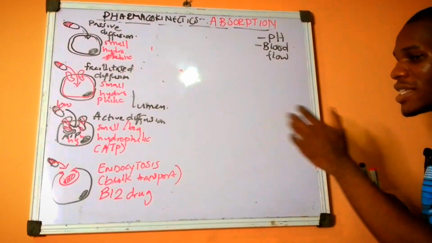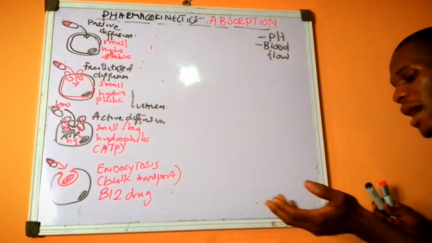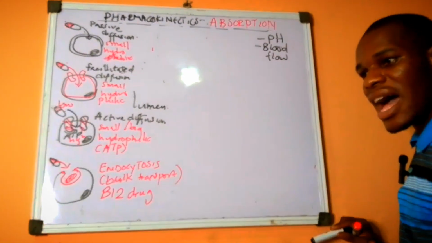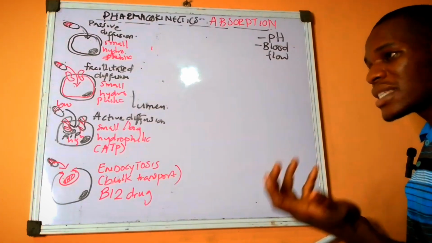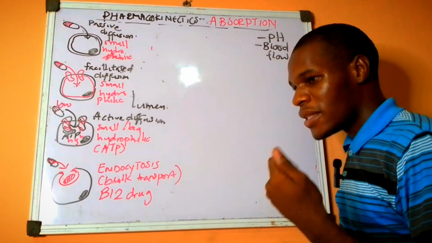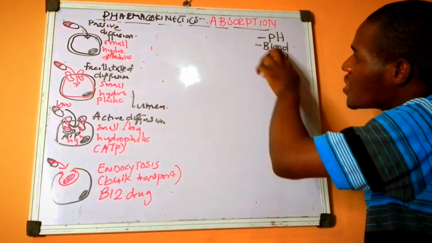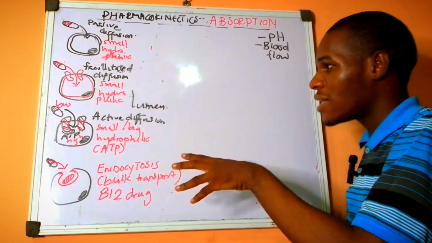Remember, when a drug enters the systemic circulation, it is readily available to the brain, the kidney, the heart, the liver. But organs like the skin and the adipose tissue are less perfused, so drugs are not easily absorbed to those organ or tissue sites.